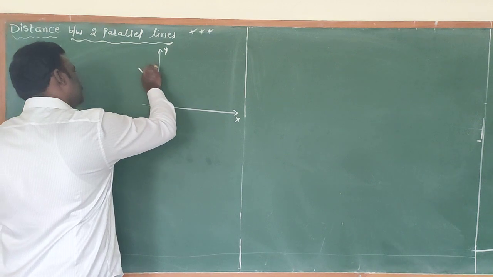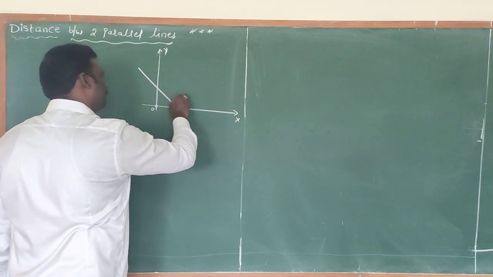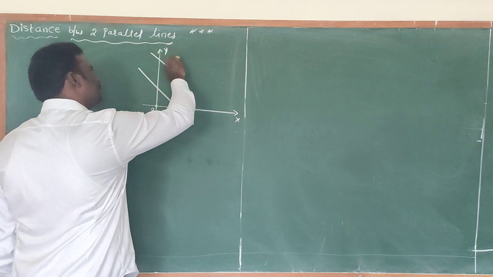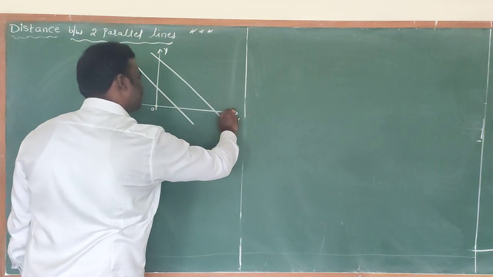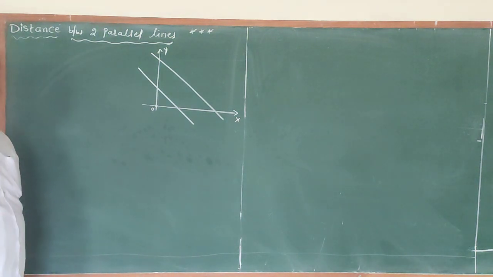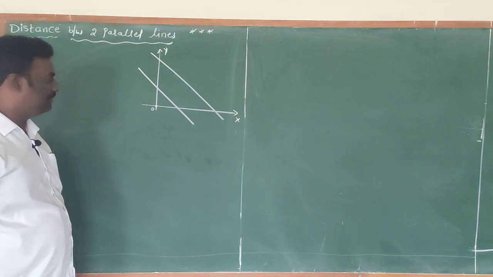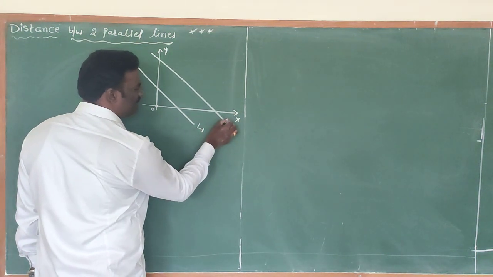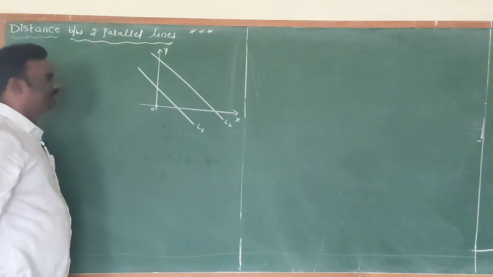This is first line. This is second line. These two are which type of lines? Parallel lines. I am taking this is L1 and this is L2.